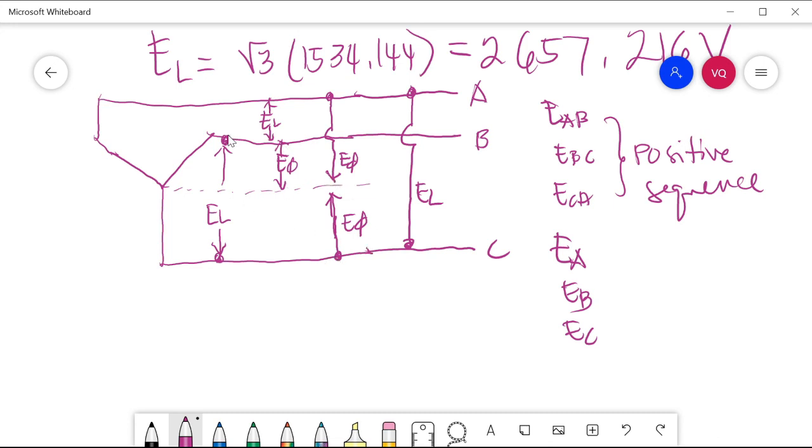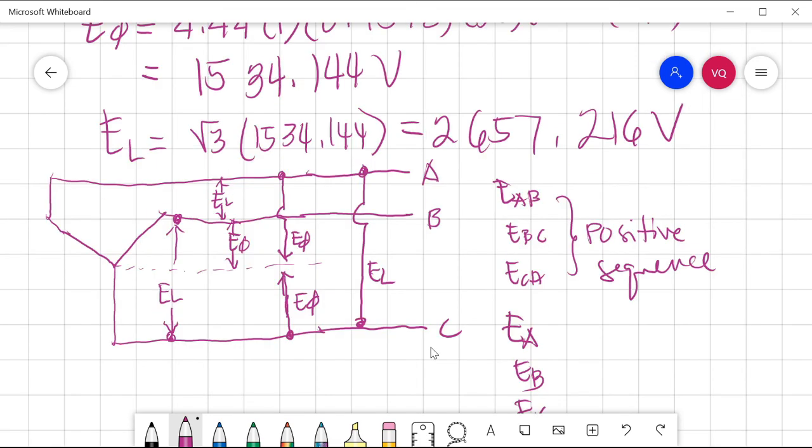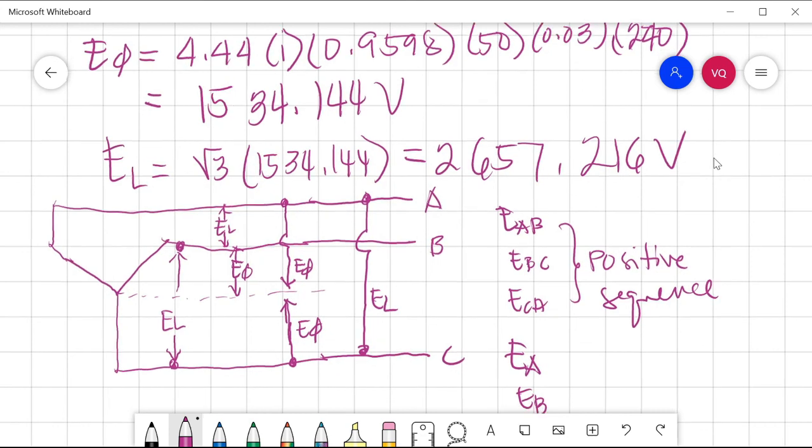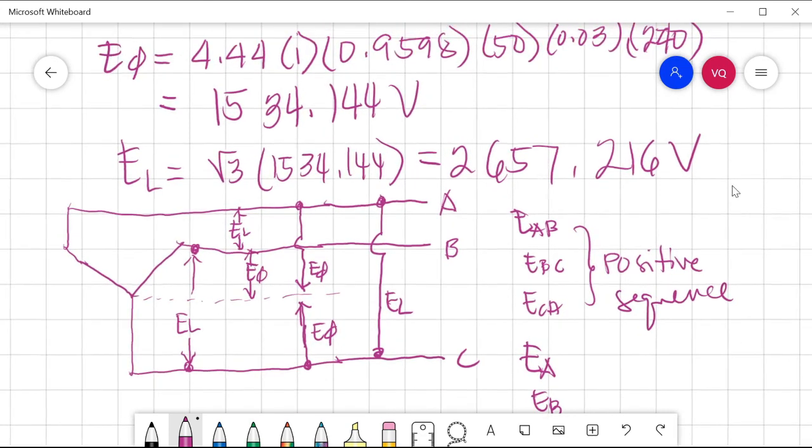So the voltage here, line to line, is 2657.216. The angles differ from line AB, line BC, and line CA. I will not discuss any further because you are done with that in your polyphase subject. I don't know if that was last sem. So that's it. We will have another example.